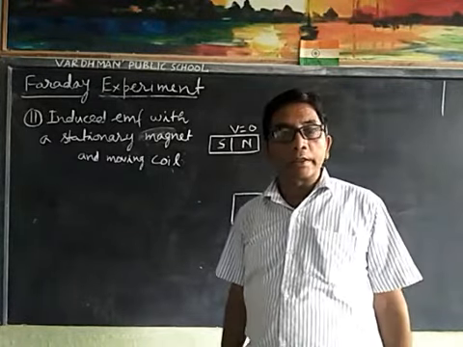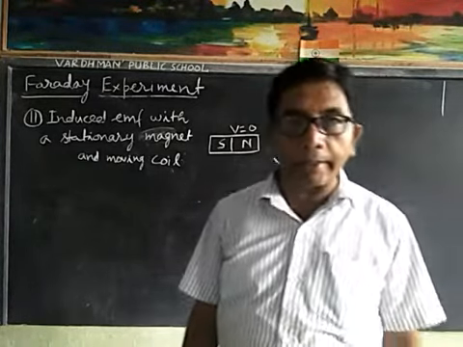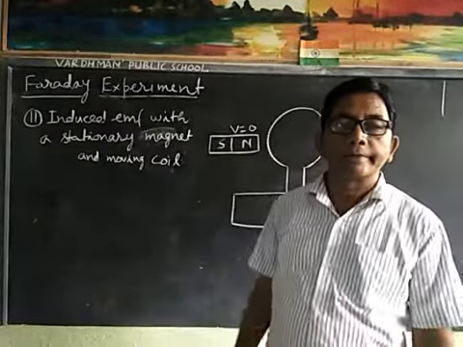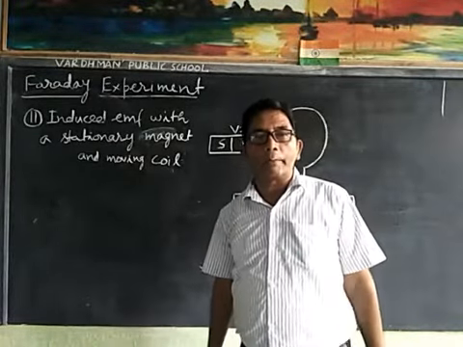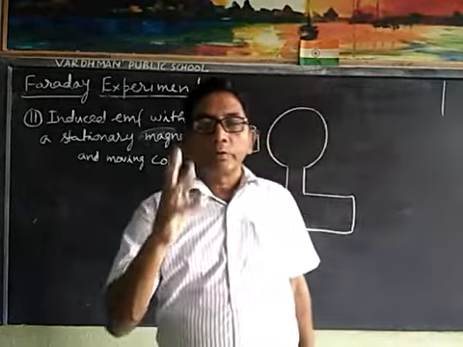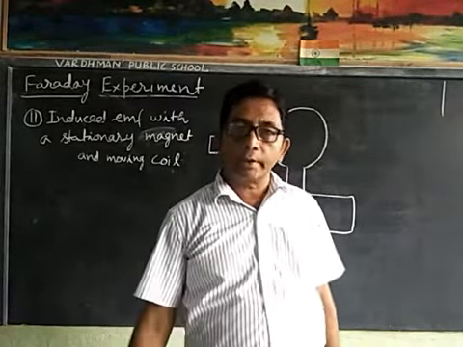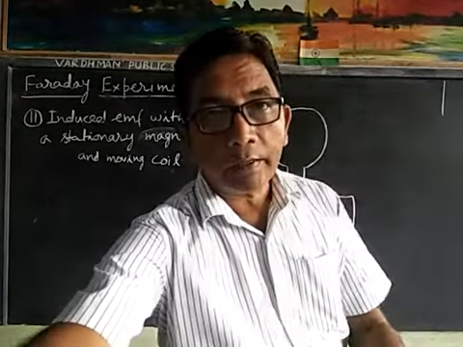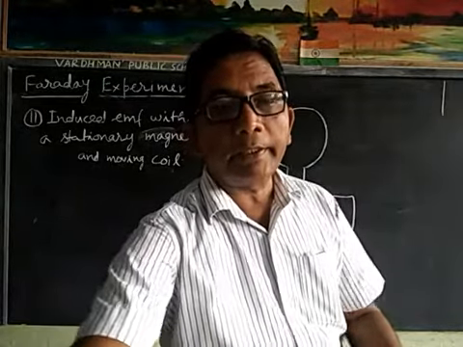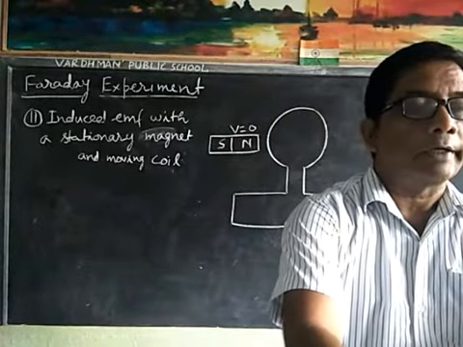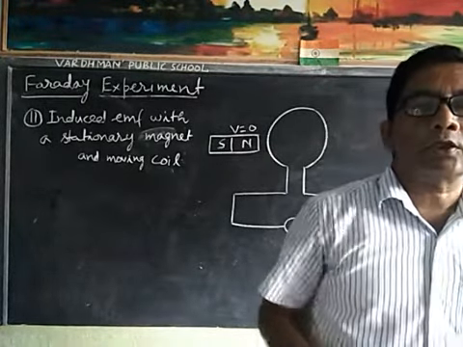If the relative motion between coil and magnet is slow, the deflection in the galvanometer is small. This is the second experiment done by Faraday. Now, what is the third experiment?